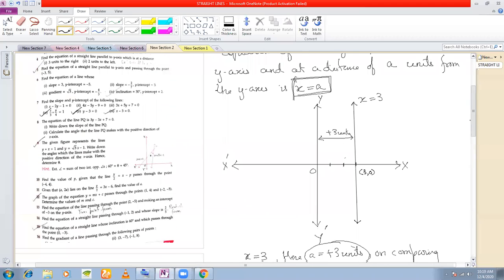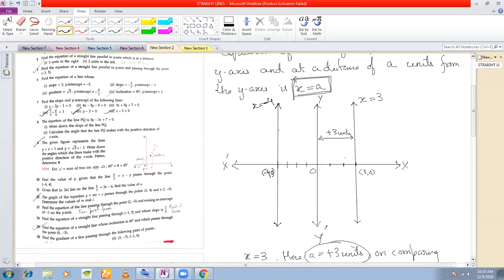So you take 4 units distance in the negative direction, 1, 2, 3, 4, and draw a straight line parallel to the y-axis. This point is (minus 4, 0), and this straight line has equation x is equal to minus 4.